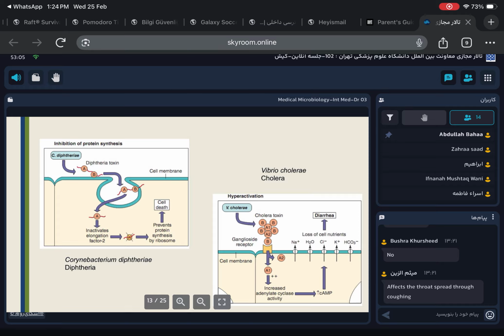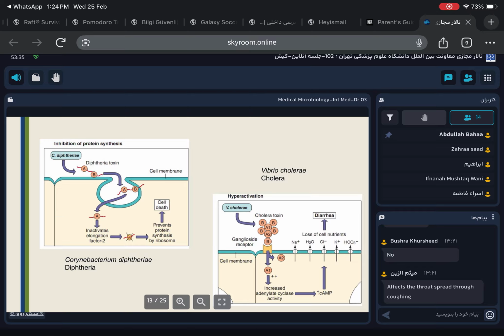So it means that now we have a higher than normal concentration of cyclic AMP inside the cell, and it leads to diarrhea. How? Because when we have this high concentration of cyclic AMP inside the cell, electrolytes and also water leave the cell and enter into the lumen of the intestine, and the result is diarrhea.